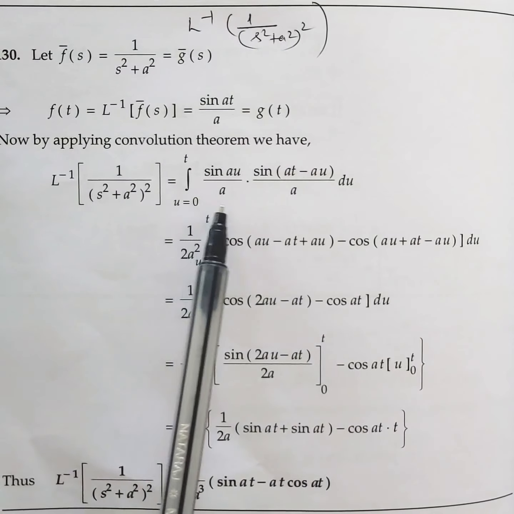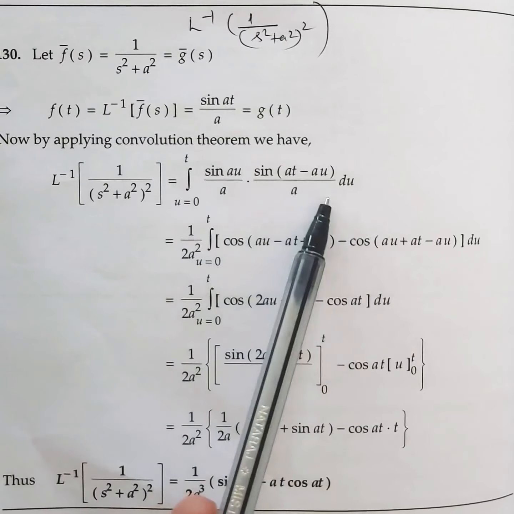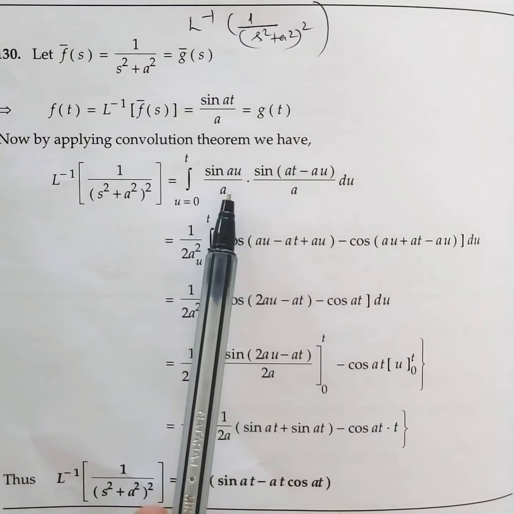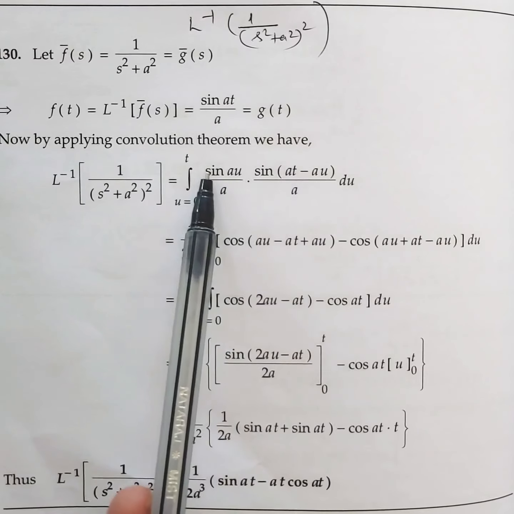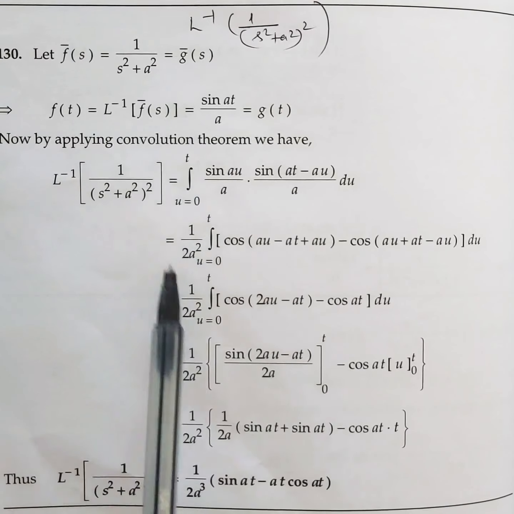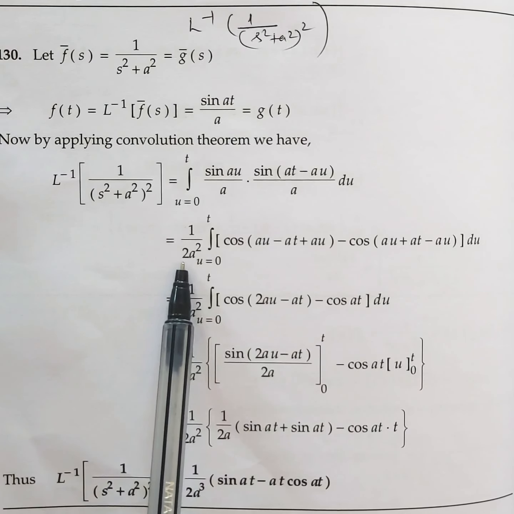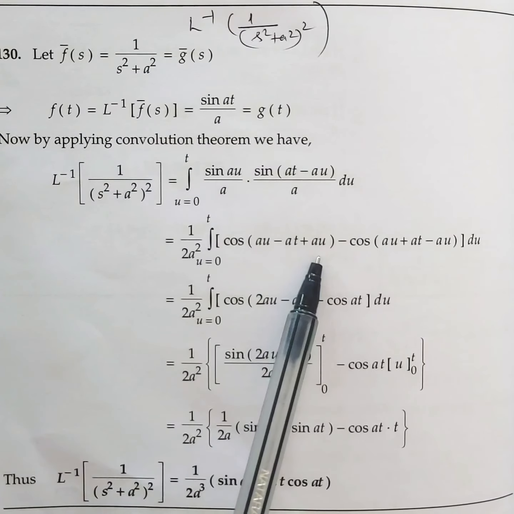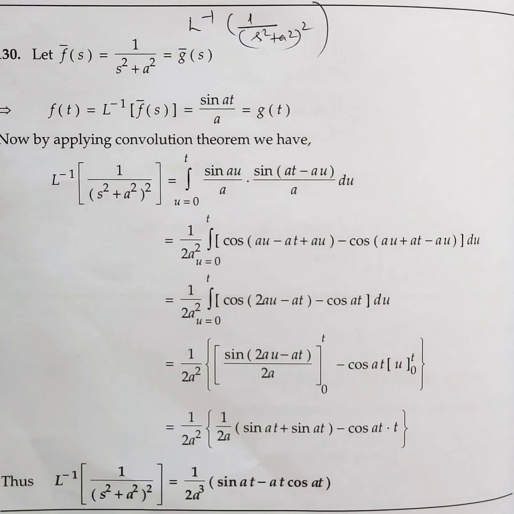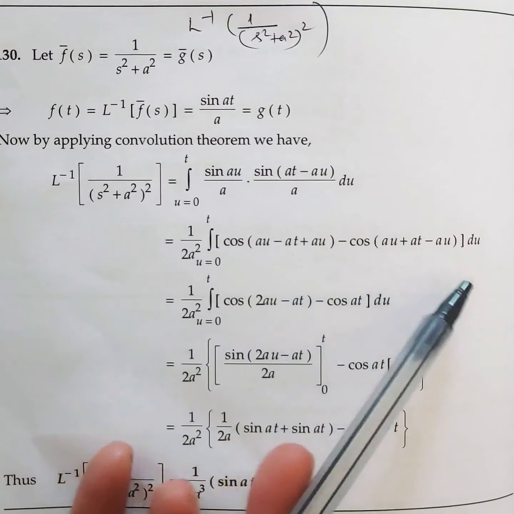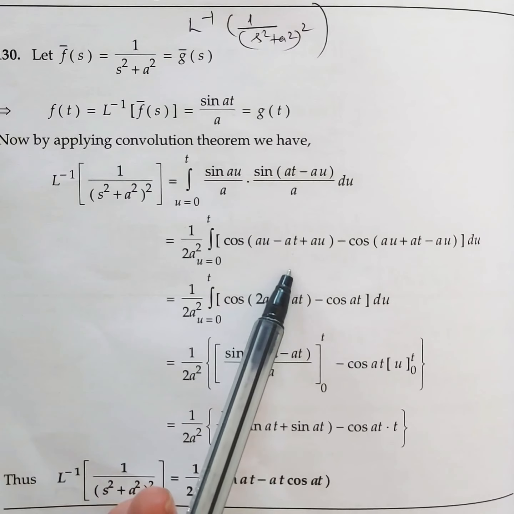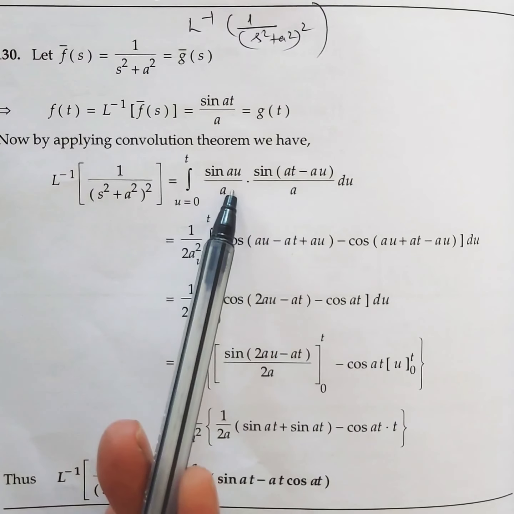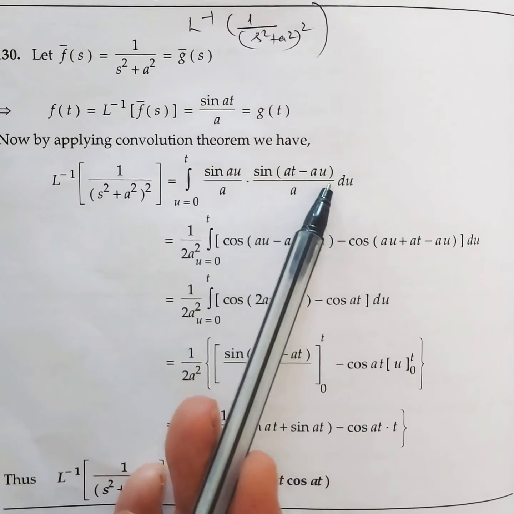Now we have to evaluate this simple integration. Throw out the constants a. For 2 sin a sin b, 2 is missing, so multiply by 2 in the numerator and take 2 in the denominator. 2 sin a sin b, what is the formula? Cos(a minus b) minus cos(a plus b). So cos(au minus at plus au) minus cos(au plus at minus au).